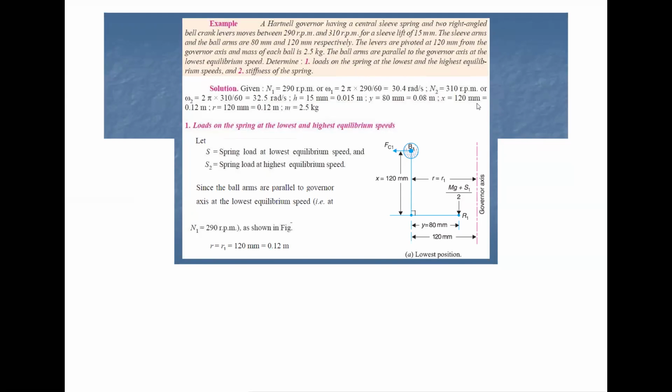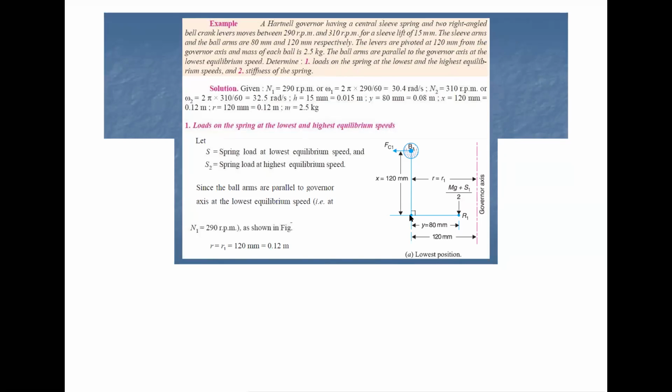The levers are pivoted at 120 mm from the governor axis, so r equals 120 mm, and the mass of each ball is m equals 2.5 kg. These are the given values.